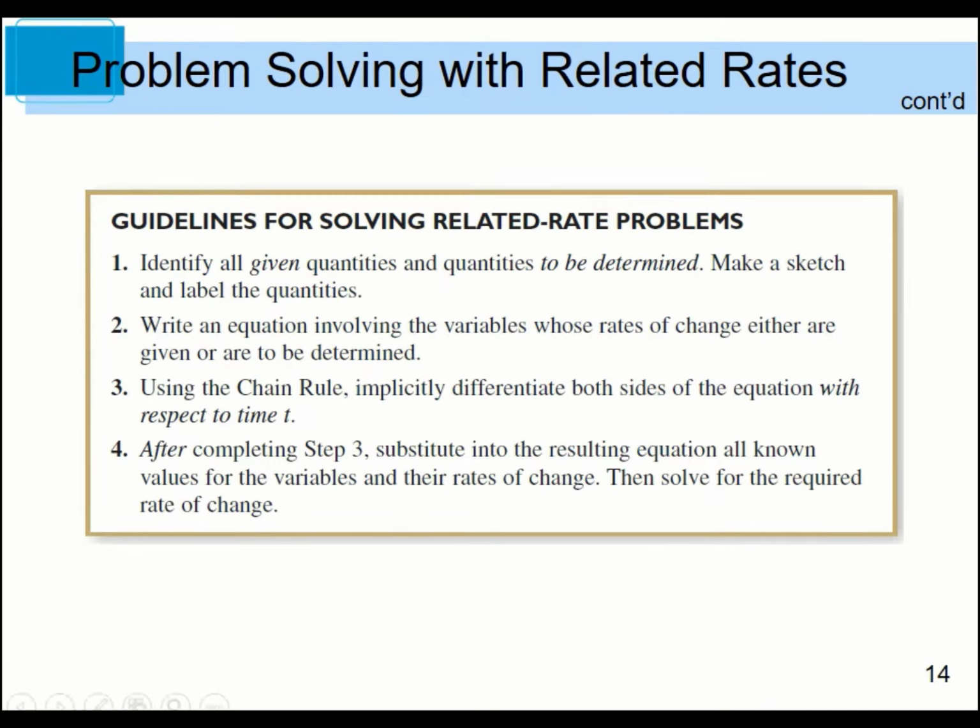So, the guidelines for solving related rate problems. First, we identify all given quantities and the quantities to be determined. Make a sketch and label the quantities, so that you can understand the problem clearly. Write an equation involving the variables whose rates of change either are given or are to be determined. Then using the chain rule, we differentiate the equation.